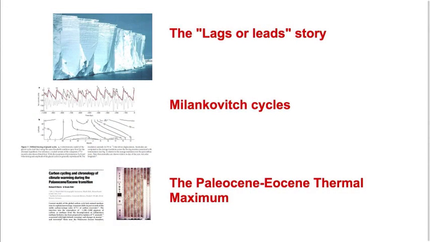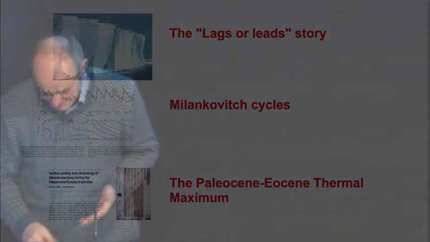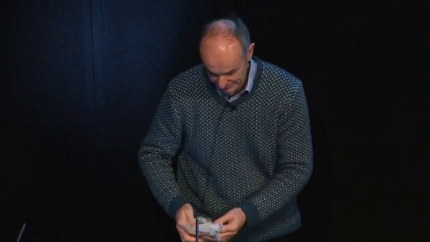But what's the mechanism that's driving all of these ice ages? Something I had heard about decades ago is the idea of Milankovitch cycles, that, oh, it's something to do with changes in the orbit of the Earth and the precession of the Earth's axis. But I hadn't actually heard the details of how that works.